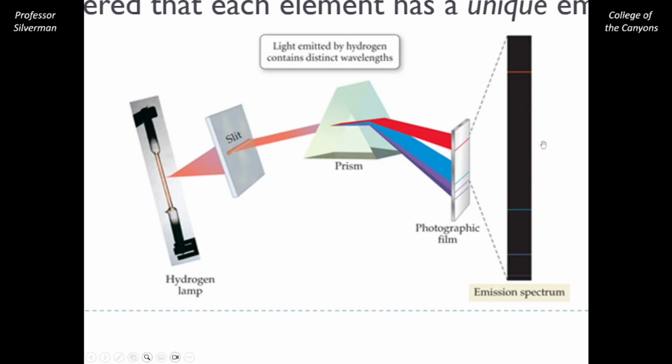Everything else is all black on the detector. No other colors of light are being emitted by this hydrogen. This has to be because of the electrons in our hydrogen. For whatever reason, the electrons in our hydrogen are leading to this pattern.